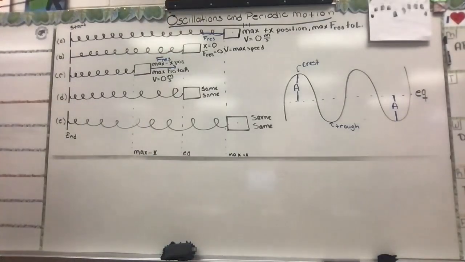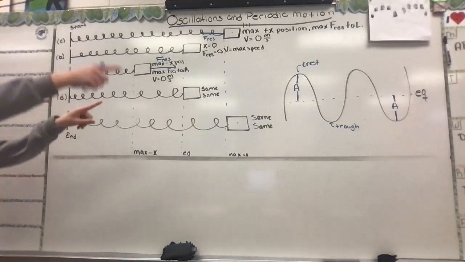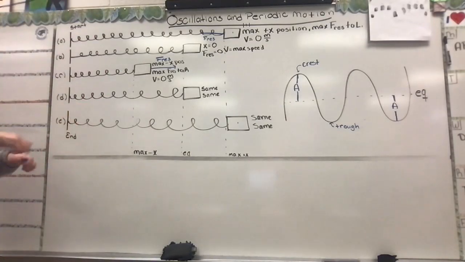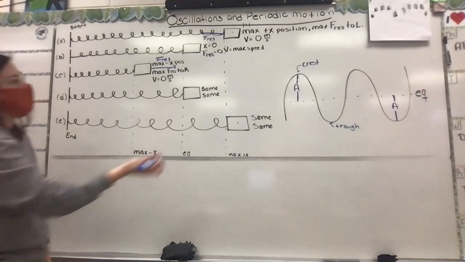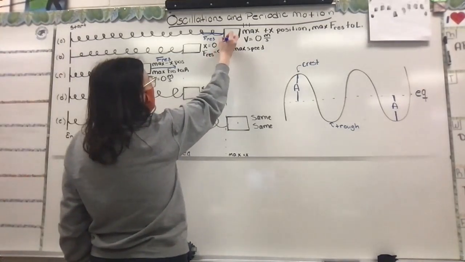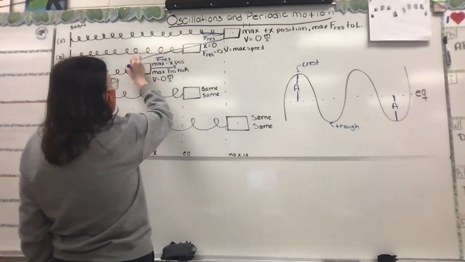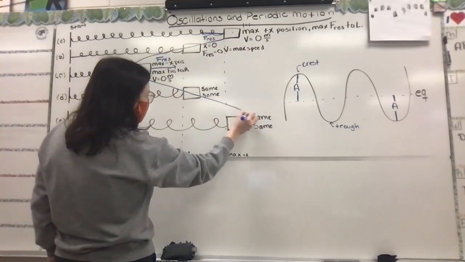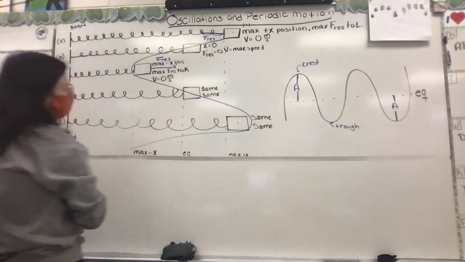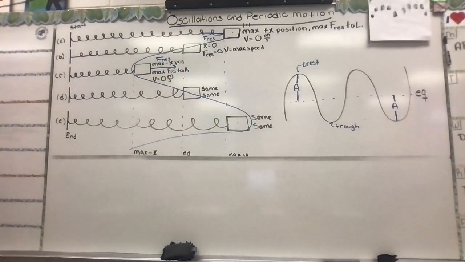Okay, now, this wave right here is the same thing as what we just drew. It's exactly the same. All you do is you take it and you turn it on its side. So, you guys see that?